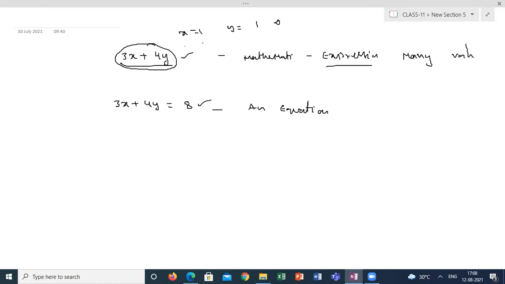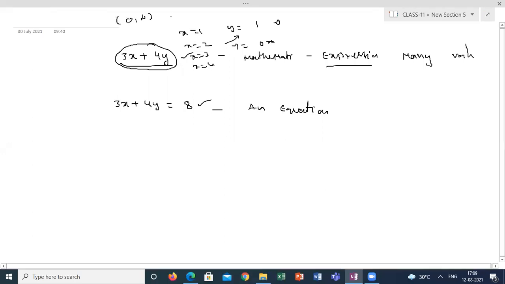So suppose x is equal to 3, I can take y from 0 to infinity; x is equal to 4, y from 0 to infinity. So from 0 to infinity of x values, I can take different combinations of 0 to infinity of y values. But it is not like that here. Here the x and y values are bounded.